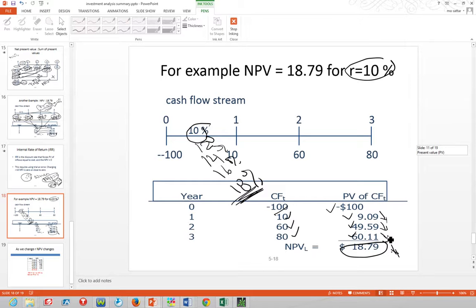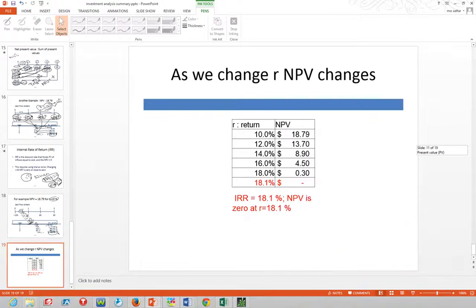If I had done that, this is what you would get. At 10%, when we do the calculation, we're discounting for 10%, we got an NPV of 18.79. If I go to 12%, that's what I'll get. At 14, I'll get this. 16, 18, and at about 18.1%, we'll get NPV equal to 0.